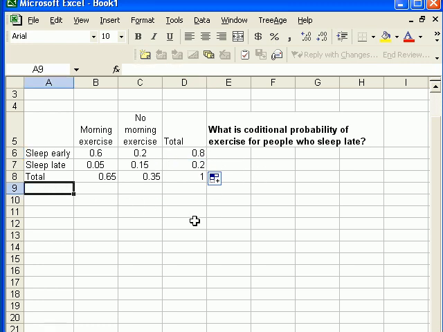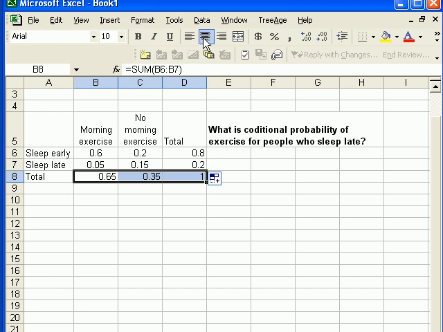Okay, now these probabilities add up to 1 and they are consistent. Let's put them in the center so it's easier to read them.